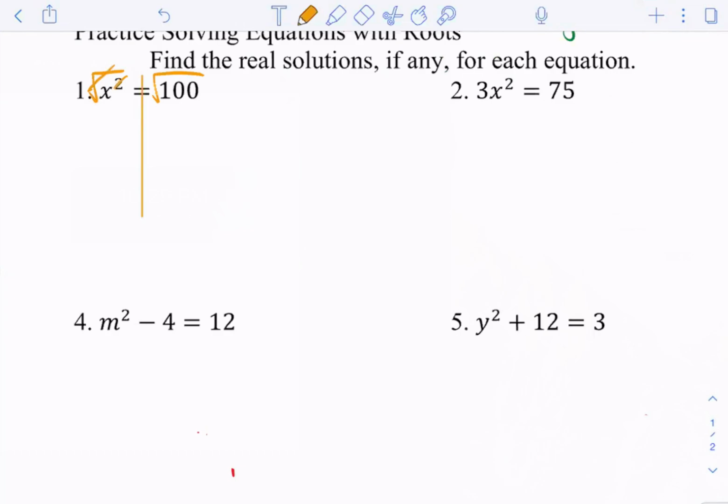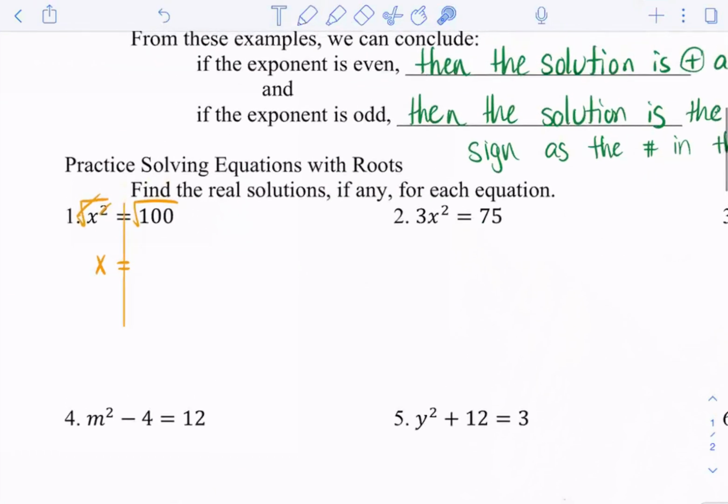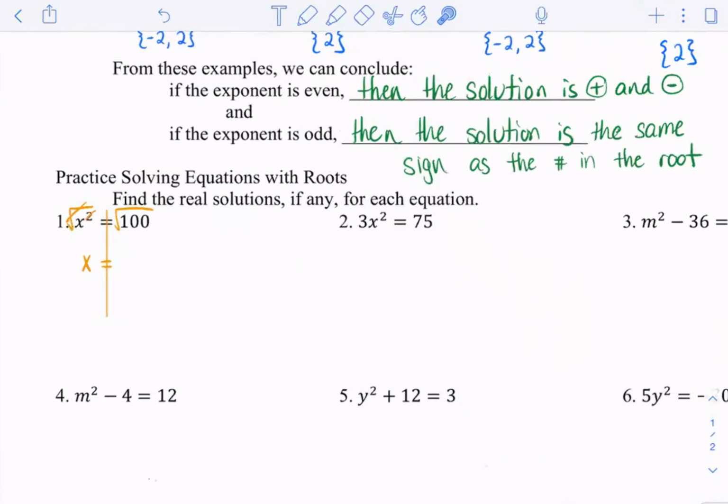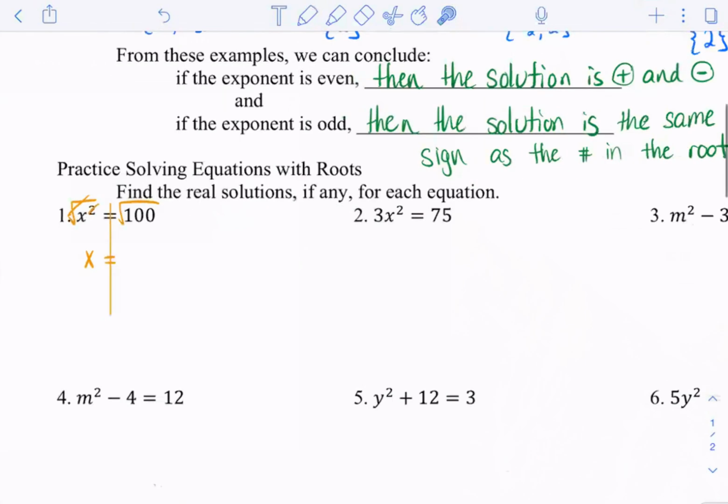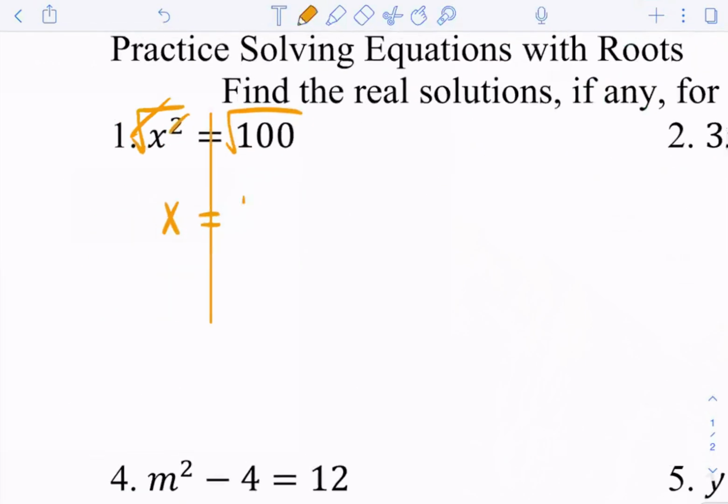A square root eliminates a squared. Now x equals, if you put in the calculator the square root of 100, you will get 10. But we just said, if the exponent is even, and 2 is an even number, then the solution is positive and negative. So here my answer is positive and negative 10.